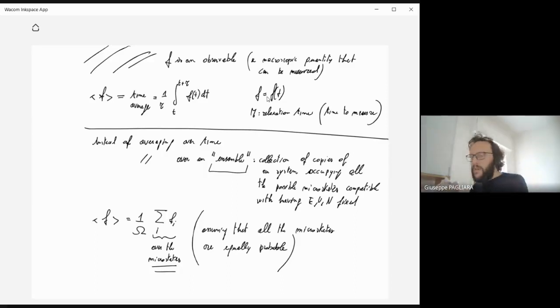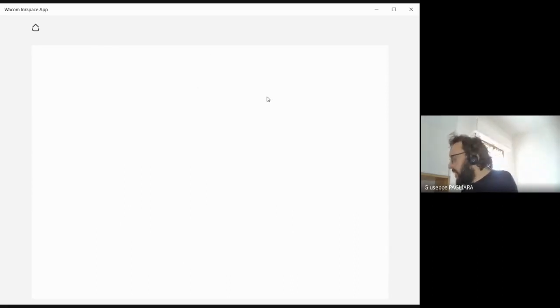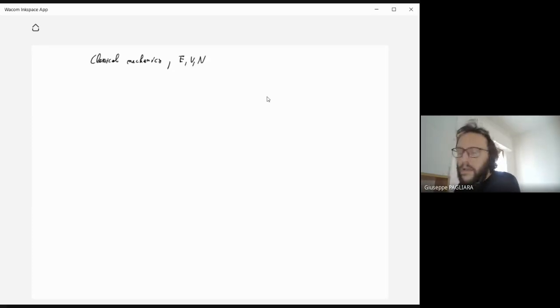Now, to be more clear about what a microstate is, let me change page. Let's set up our system. First of all, we are in classical mechanics, at least at this level. And we have, as I said before, E, V, N, which are the total energy, volume, and total number of particles.